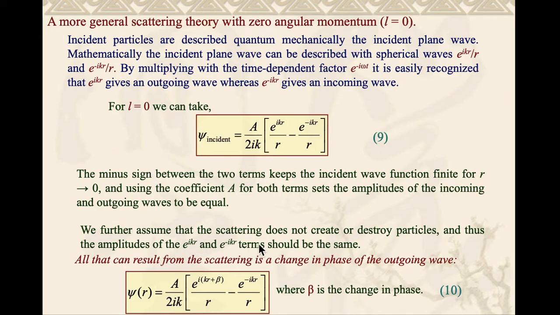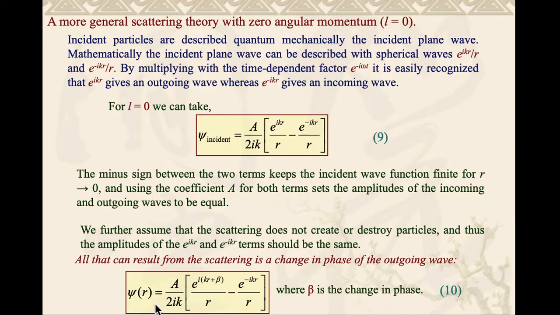We further assume that the scattering does not create or destroy particles, and thus the amplitudes of the e raised to ikr and e raised to minus ikr terms should be the same. All that can result from scattering is a change in phase of the outgoing wave.